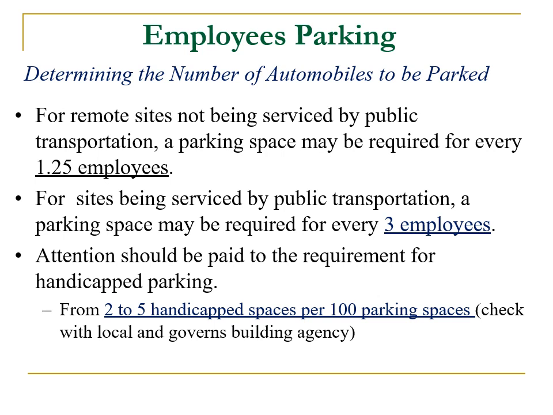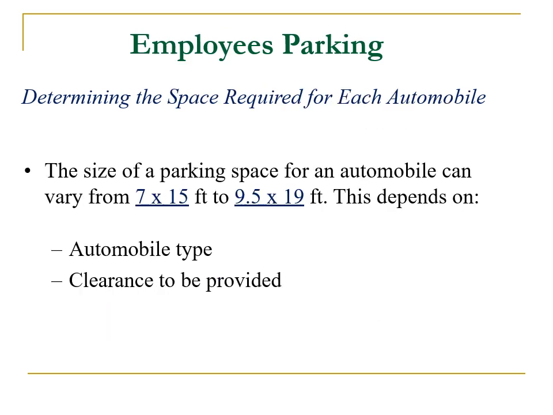And as I said, if the philosophy of the company is to serve these handicapped people more, then in order to serve this philosophy, you should maybe allocate more parking spaces for handicapped people.